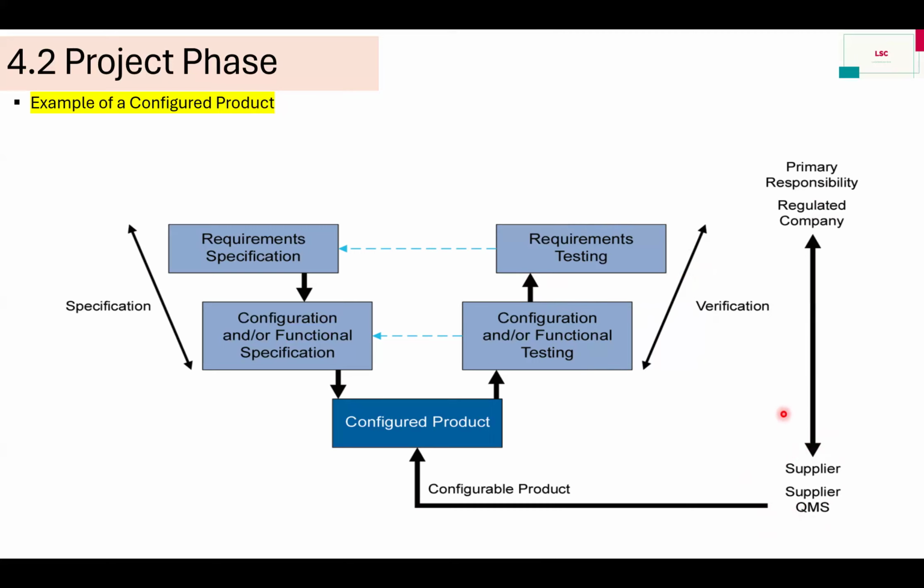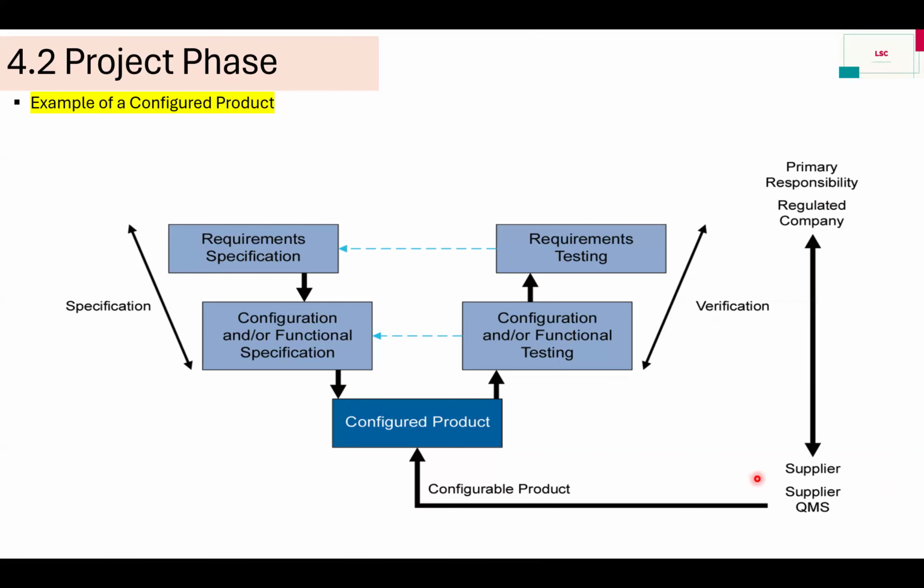We have to see what product they are going to supply. Okay, so this is the activity of the supplier, that they supply a good product. Okay, production specification and test specification as required if the regulated company wants, and support during the configuration and testing, user documentation, training, support for maintenance. These all come in the part of the supplier.